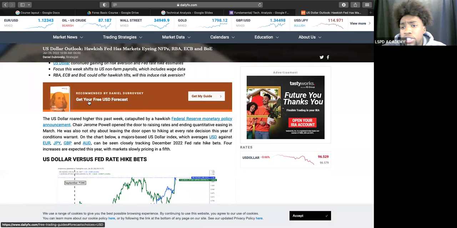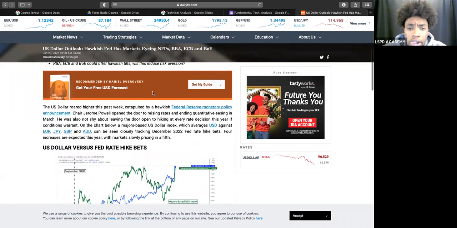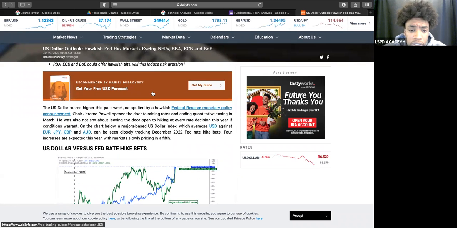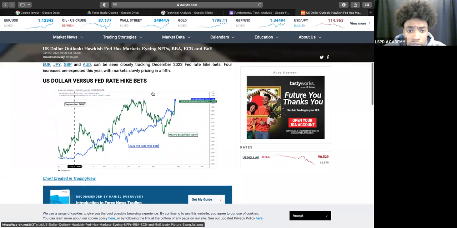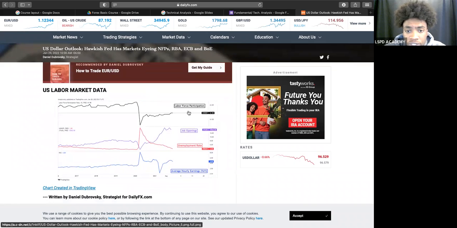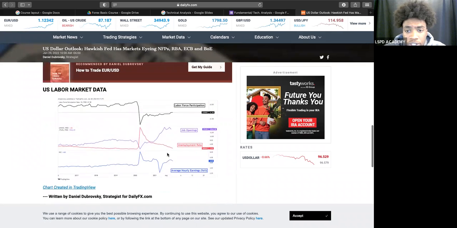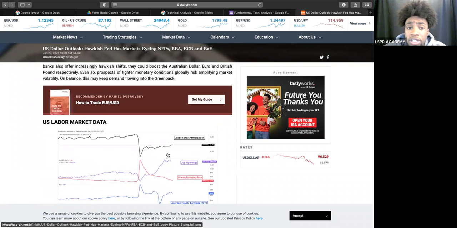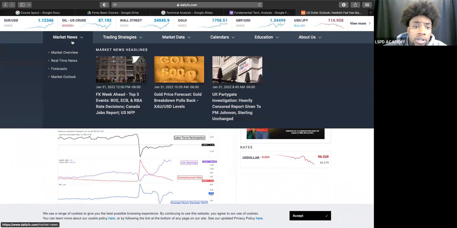This is an interesting article I would like to read, so I'm actually going to come back and read through it. You see it gives you different articles over different things, different charts, giving you an overall better understanding of not only the pair, but what's going on with that economy as a whole.